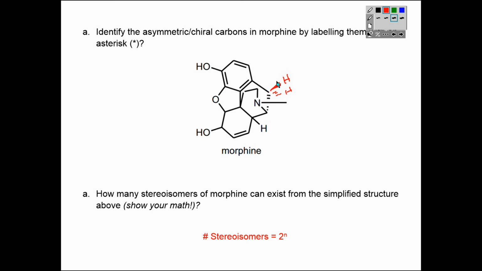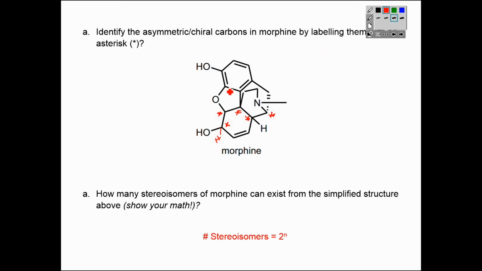So that means this carbon here is not asymmetric because the two hydrogens are the same thing, but we know this is a chiral center. That too is chiral. This carbon here is also chiral. This guy here is chiral. That's chiral.